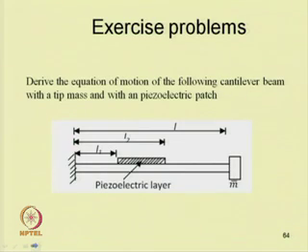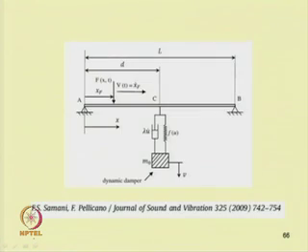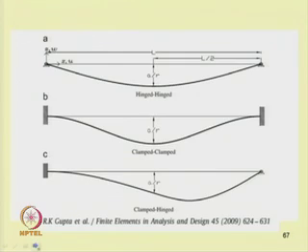Also one can derive the equation of motion for a cantilever beam by taking a piezoelectric layer in a similar way. One can also take a micro beam, or a functionally graded material supported by nonlinear springs, or take a linear or nonlinear vibration absorber, and with different boundary conditions.